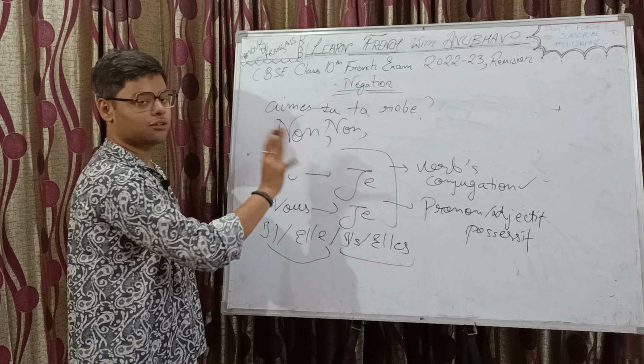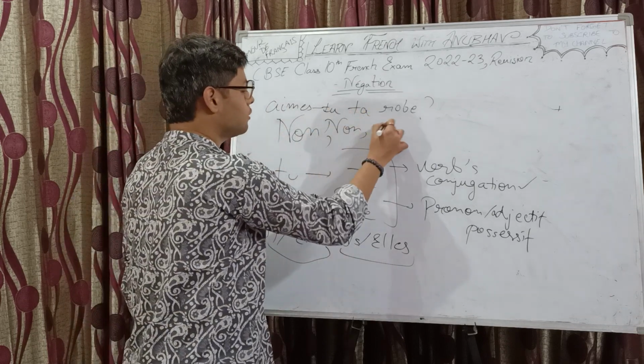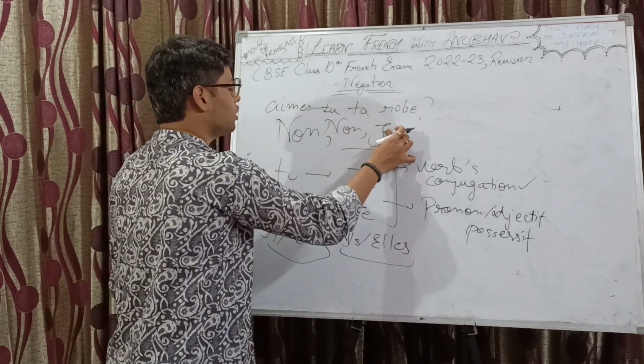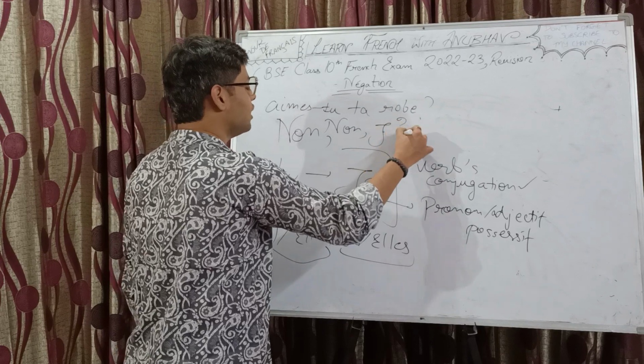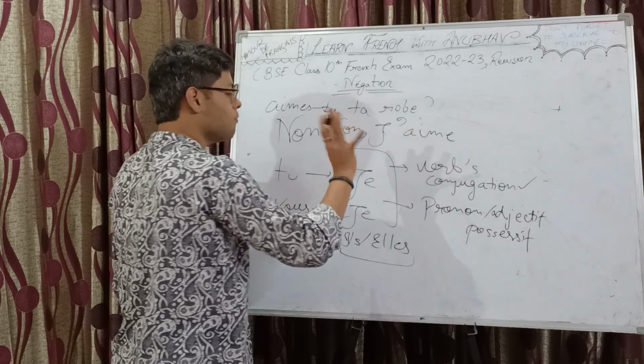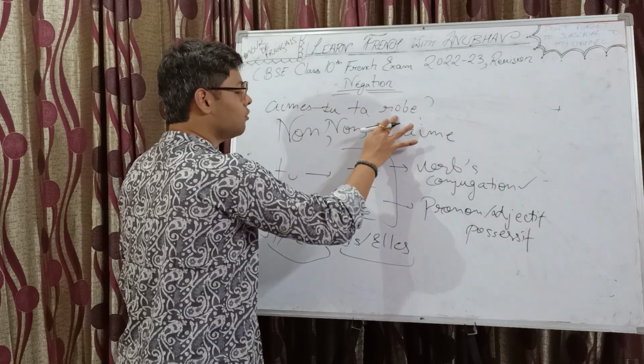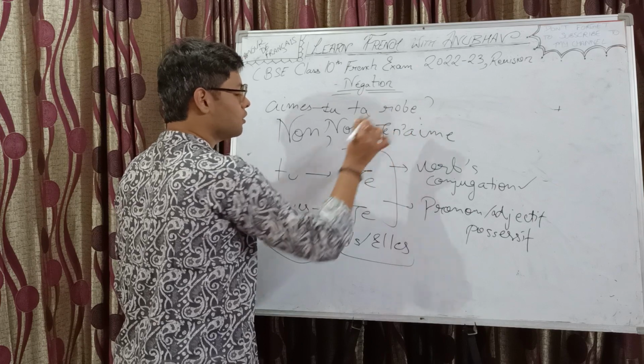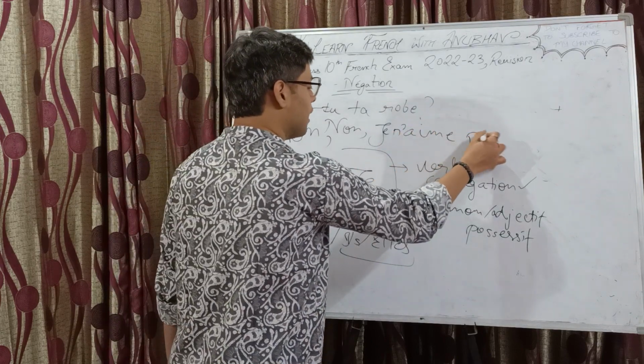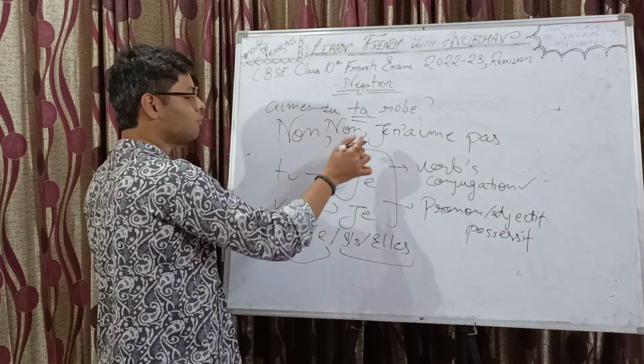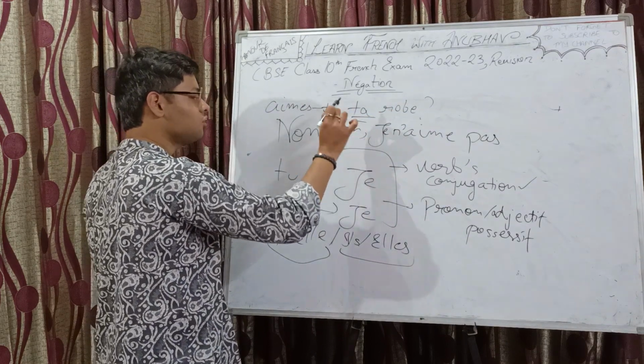We need to reply to it, so of course beginning with no. Non, the subject will change, je. Conjugation will change because the subject has been changed, j'aime. But we are doing negative, so je n'aime pas. The subject has been changed, so the possessive adjective will also change.